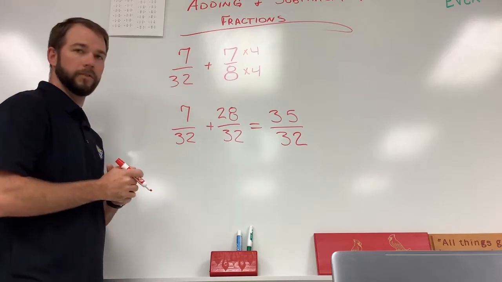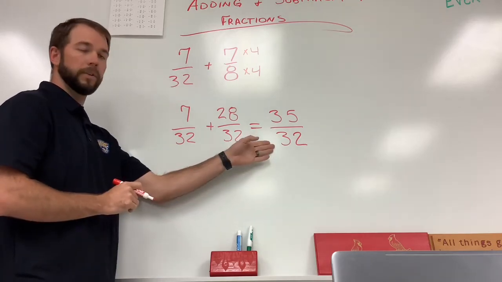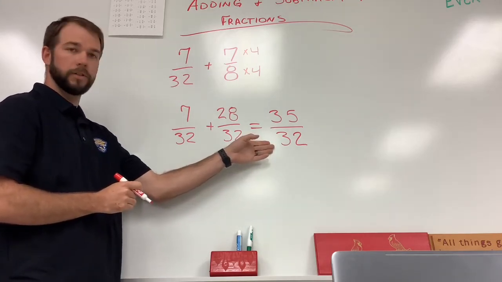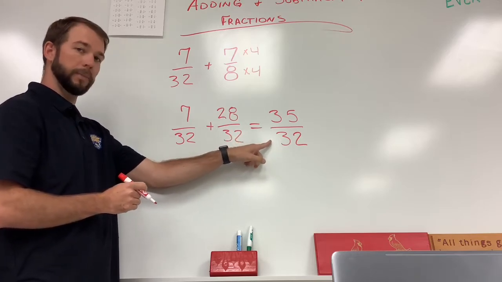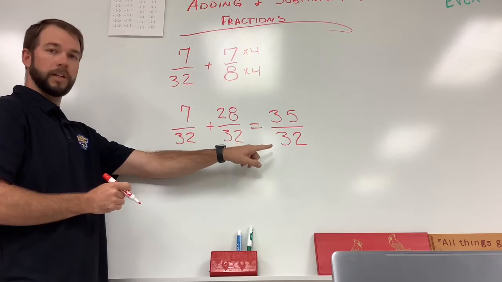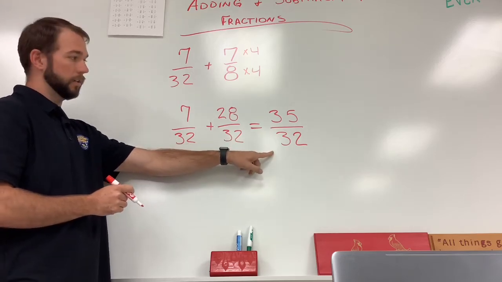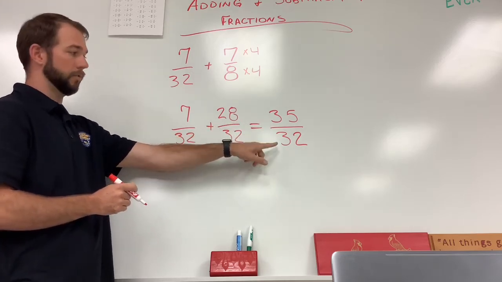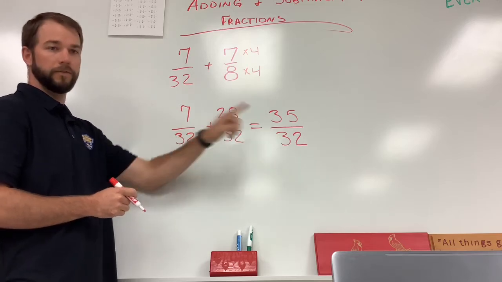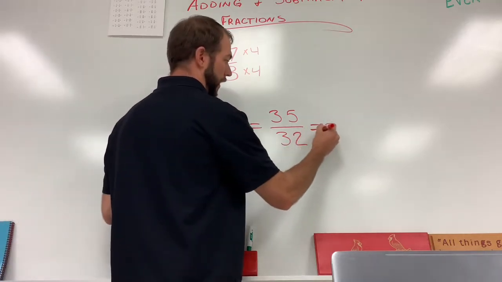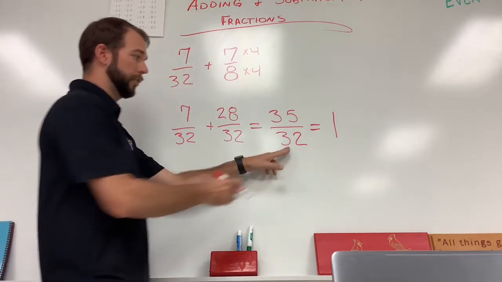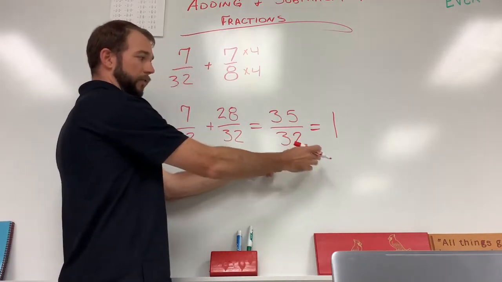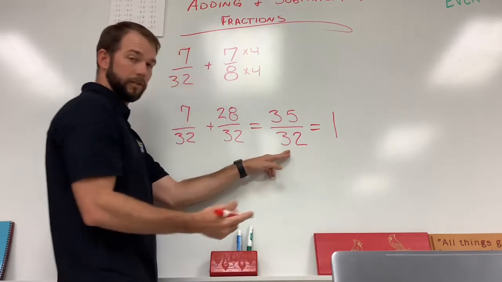So we got 35 over 32. What we're left with here is an improper fraction, which we talked about in Intro to Fractions. So we need to figure out how to get this to a mixed number. Remember, the first step is always to take the bottom number, see how many times it'll fit into the top number. So 32 will go into 35 one time without going over. So our whole number is 1. So 32 times 1 is 32.